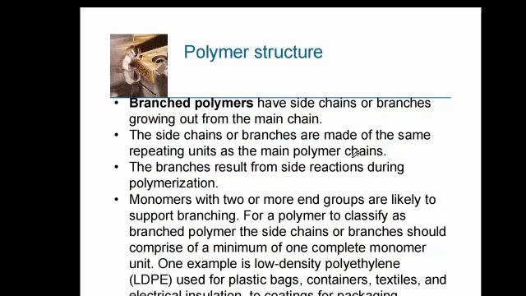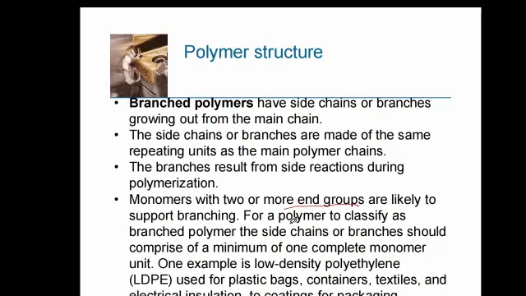So the monomers which make up the side chains are the same type as those that make up the polymer backbone. And these branches result from polymerization. And monomers that have two or more reactive sites or end groups are more likely to support this branching process.